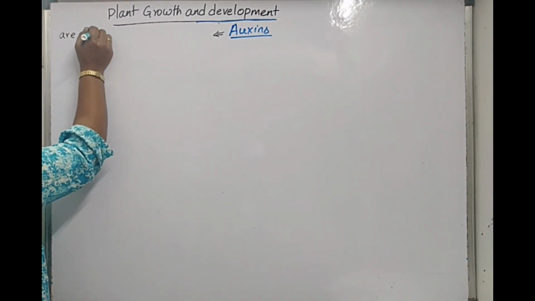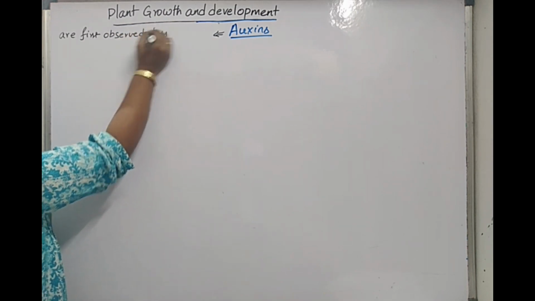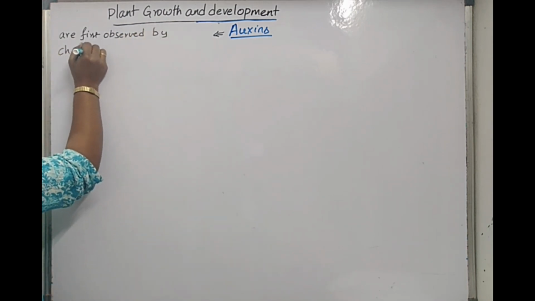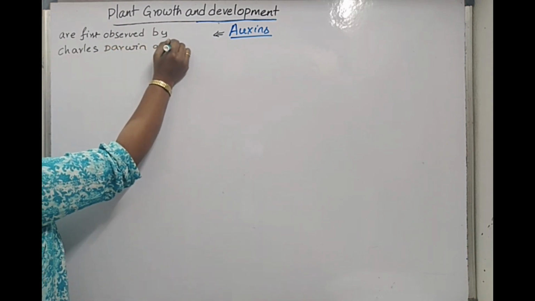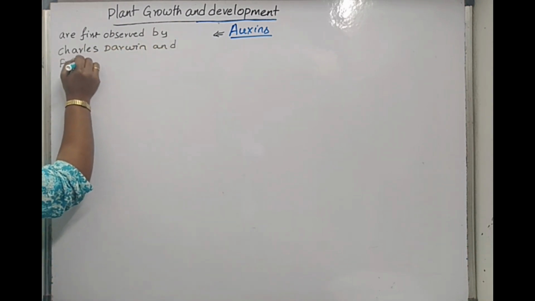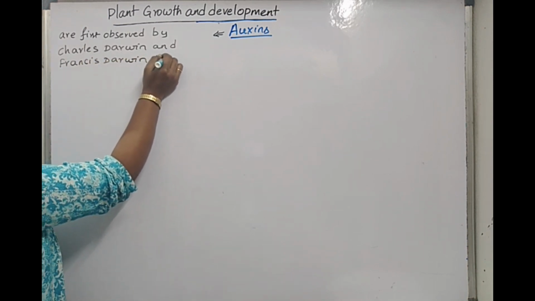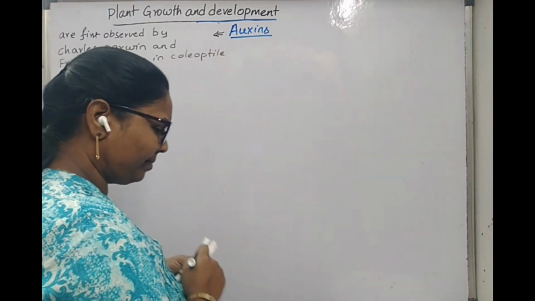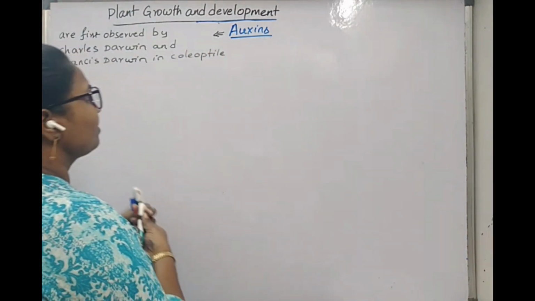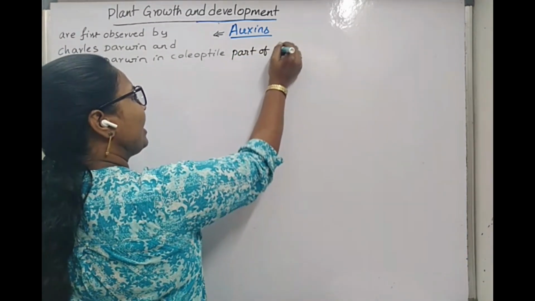Auxins were first observed by Charles Darwin and Francis Darwin in the coleoptile part of canary grass.